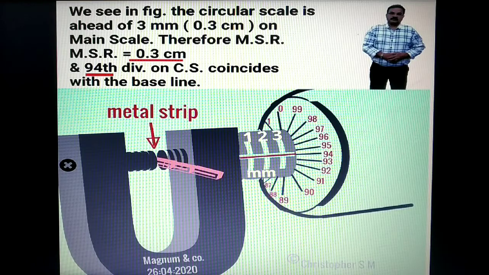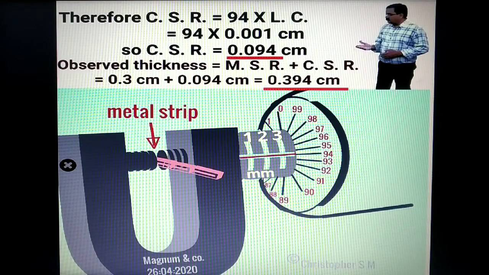See in the figure, the 94th division is coinciding with the baseline. Therefore the circular scale reading is 94 into the least count, that is 94 into 0.001 centimeter. So the circular scale reading is 0.094 centimeter.